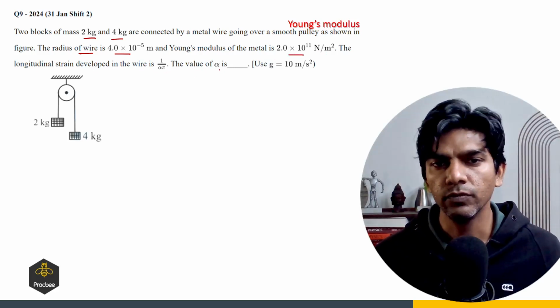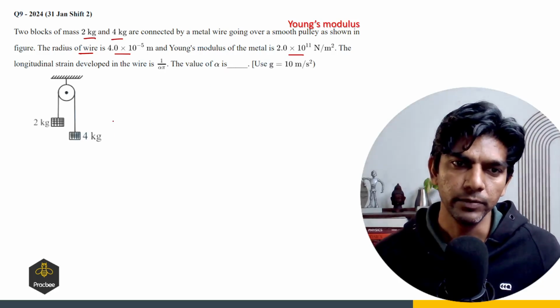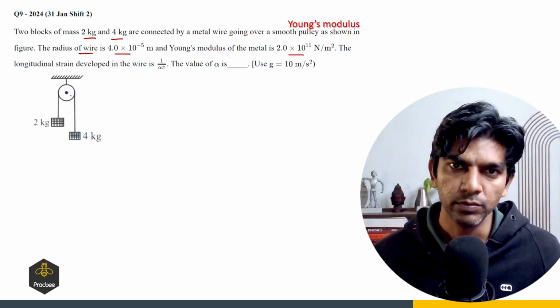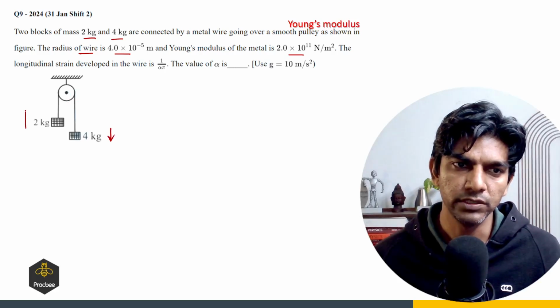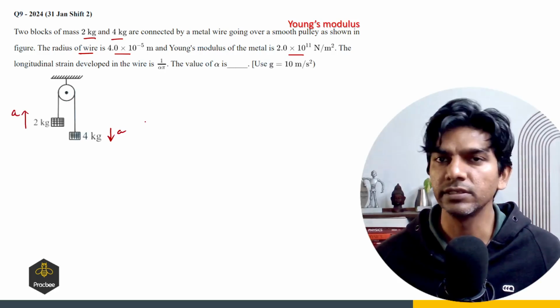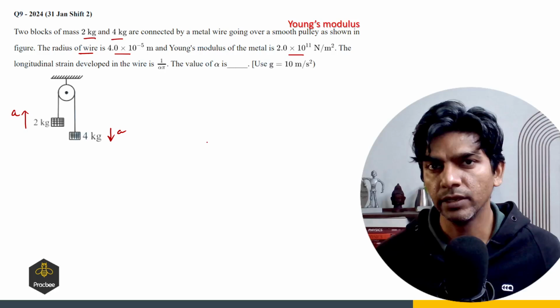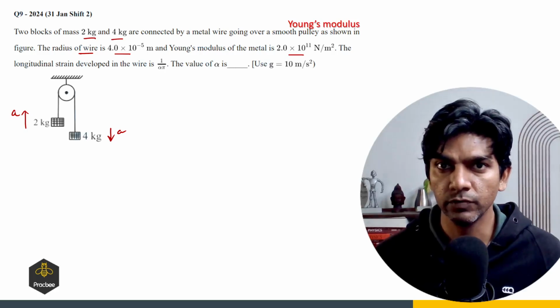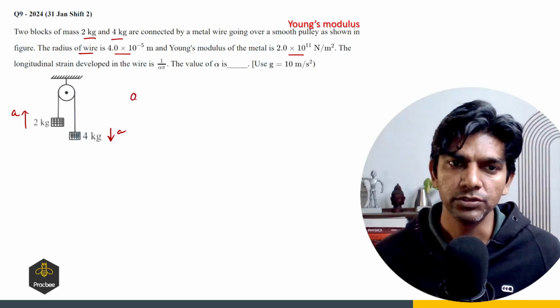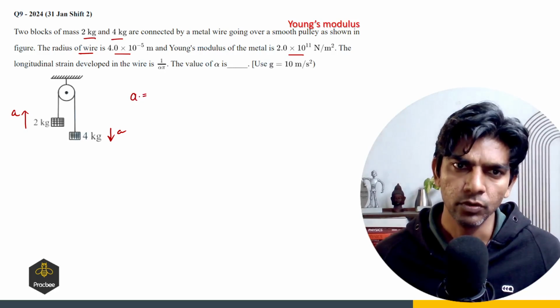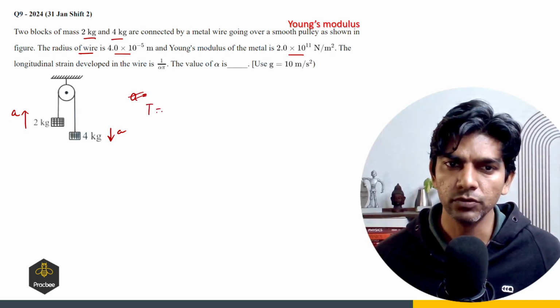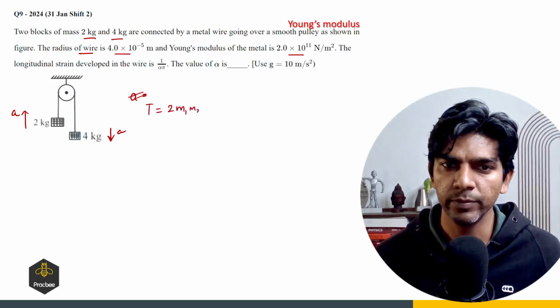The value of alpha is? Here I'm assuming the pulley is light, so 4 kg will go down and 2 kg will go up. Let us say acceleration is A, and it's the Atwood machine, which we have covered in Newton's laws one shot. So tension comes out to be 2 times m1 m2 g divided by m1 plus m2.